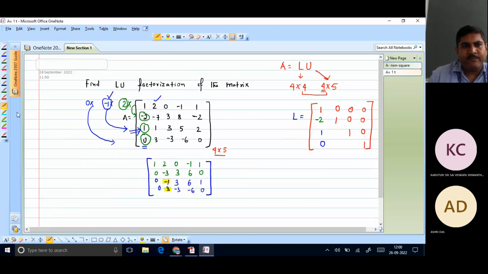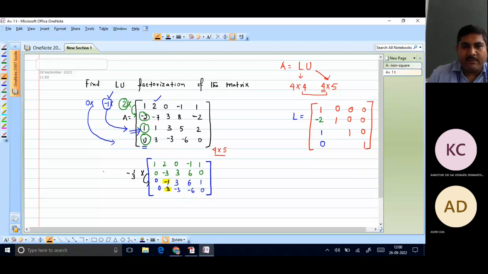So you can see I will multiply second row by -1 by 3 and add it to third row, so that I will get 0 in the second column and third row.